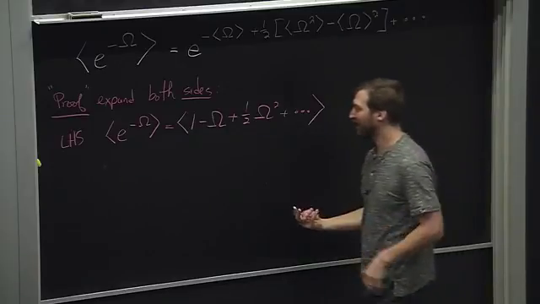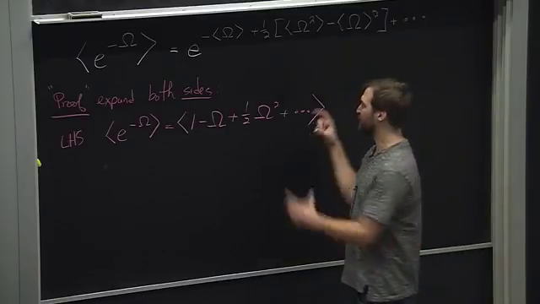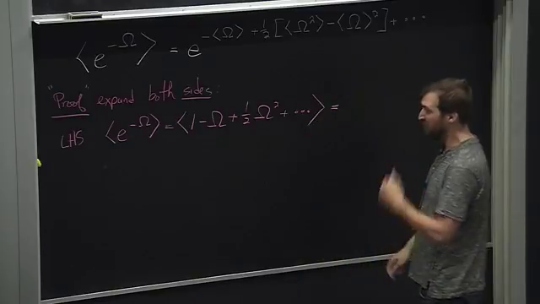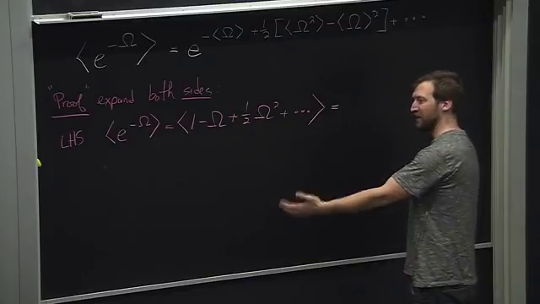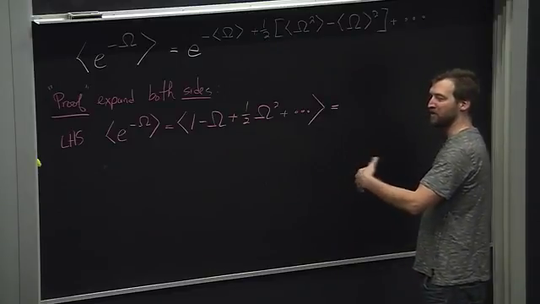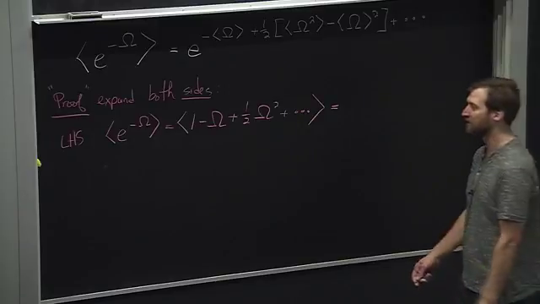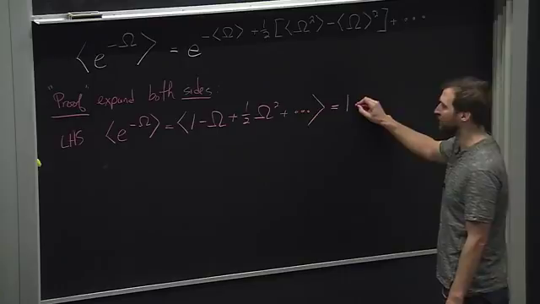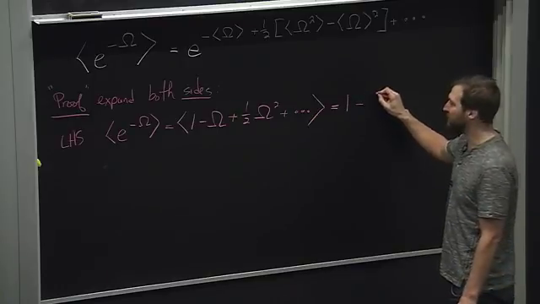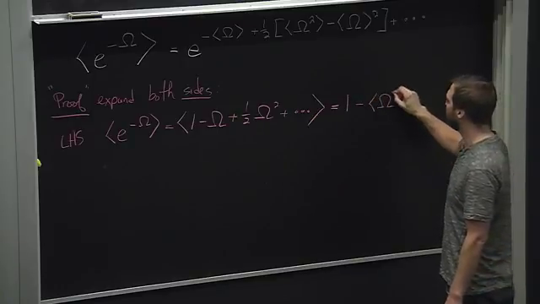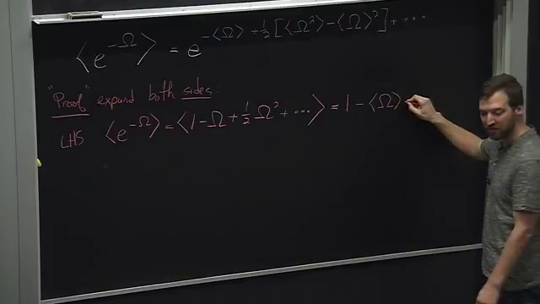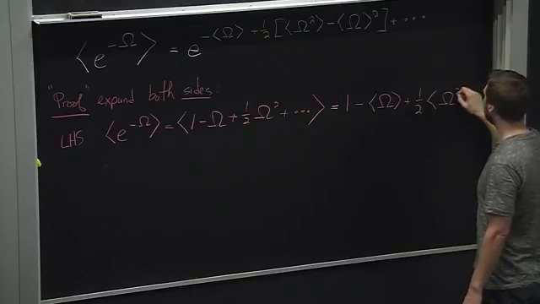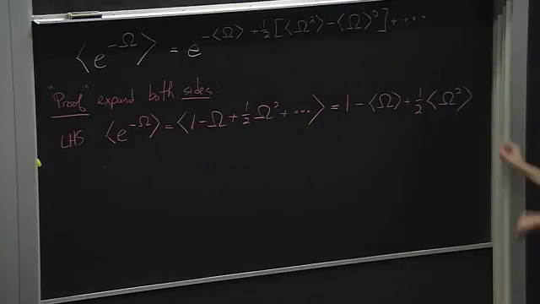Now the trick is knowing how these expectation values affect the sum. So you're adding up a bunch of pieces, taking the expectation value, the same as taking the expectation value of every piece. So the expectation value of 1 is 1. You always expect it to be 1. This is minus the expectation value of omega, plus half the expectation value of omega squared, plus higher order terms.